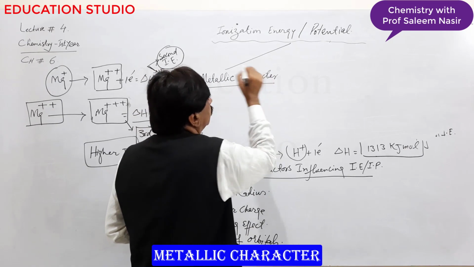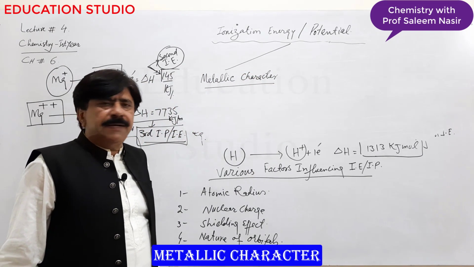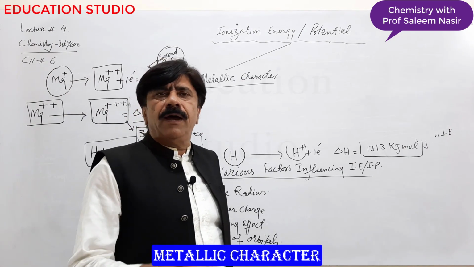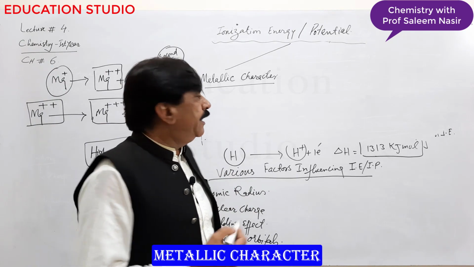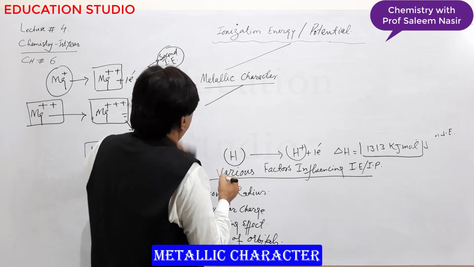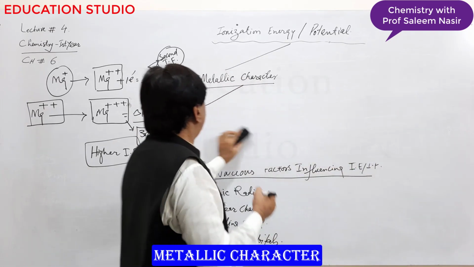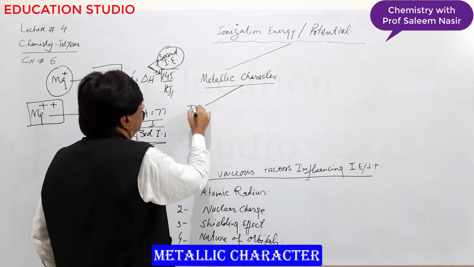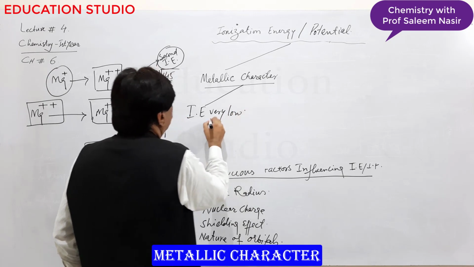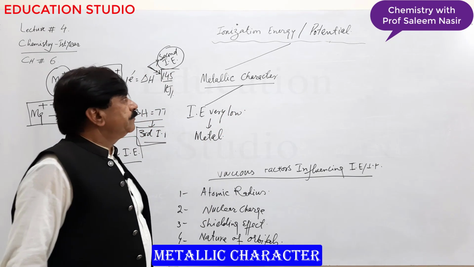Metallic character is the property of an element which can be assumed from the ionization energies. If the ionization energy of the element is very low, then that element will be a metal.